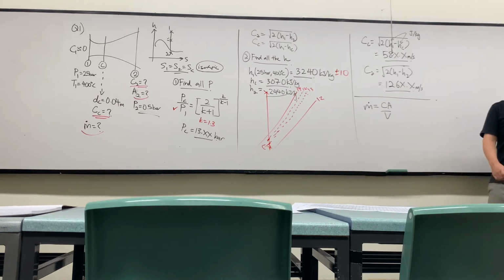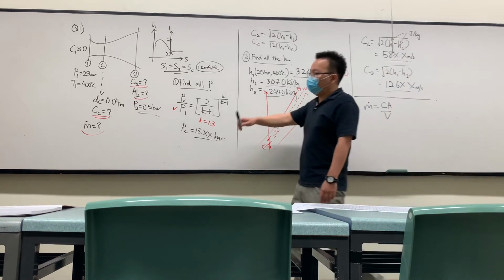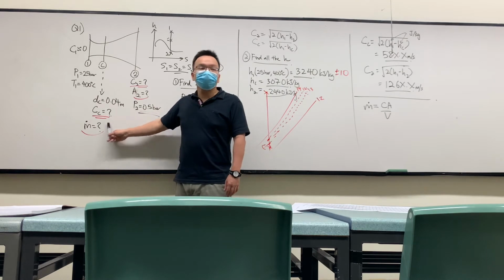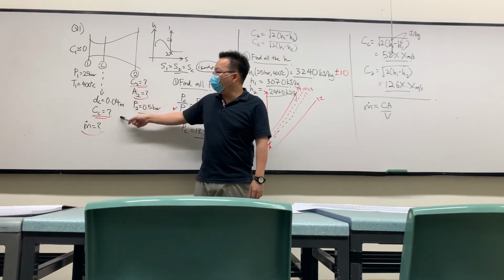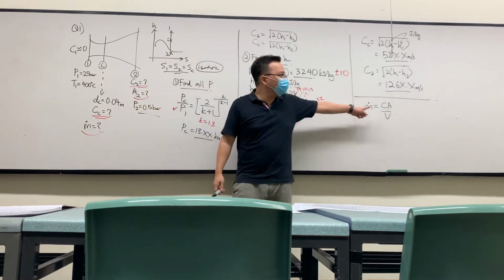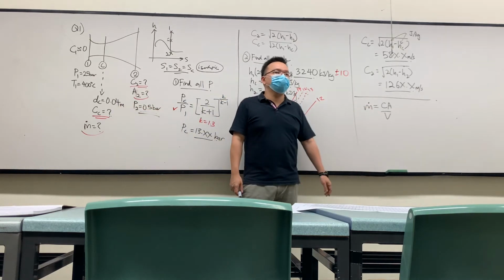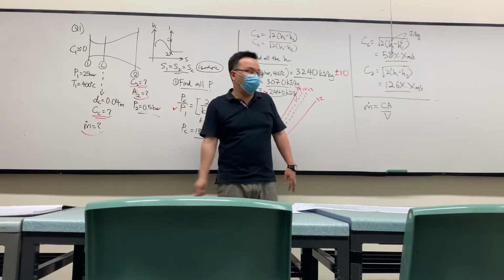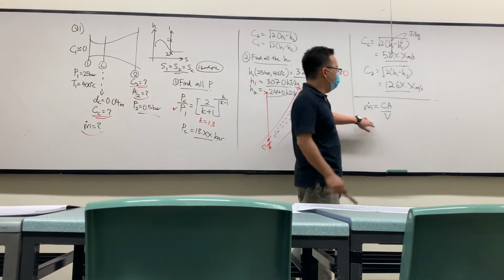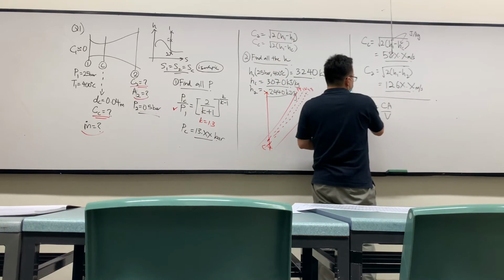You know more of point C. Why? Because you got CC already, right? Then DC, you also got diameter. Diameter will give you what? A. Clear so far? Here you don't have A, you can't find anything, so you can't find your M. So obviously in this case, you're going to use point C to do your work.